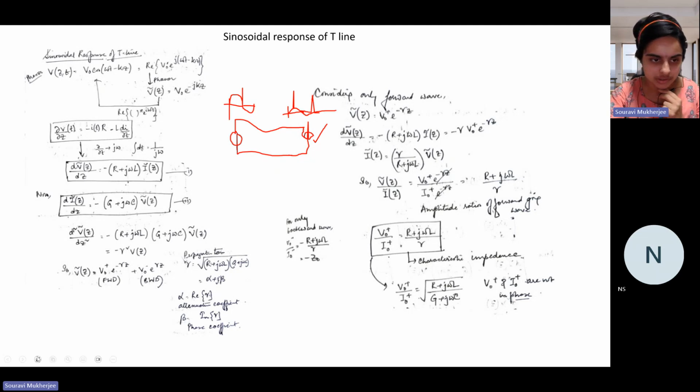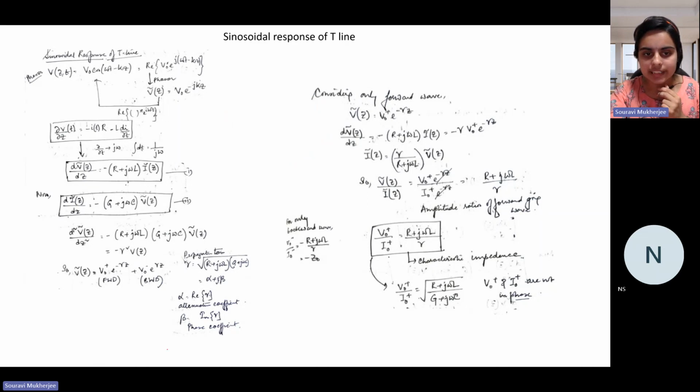The sudden jumps are just my problem with the ink. Okay, so there can be a net attenuation of the signal, and that is given by the term alpha, which is the real part of your propagation term.